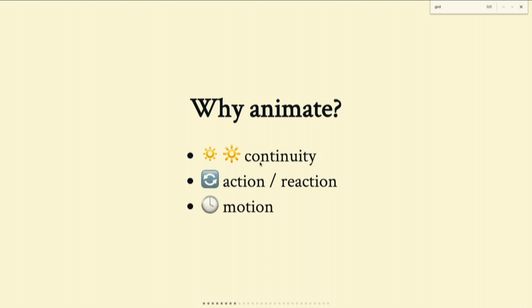And related to that point, it can serve as a clue that something is happening, something is alive. So we can think of a loading component, for example. If I'm the user and I see a loading component, I expect something to be happening in the background. Hopefully it's not just an empty loading component, because that wouldn't be great.